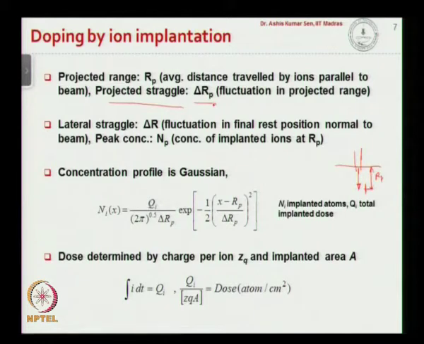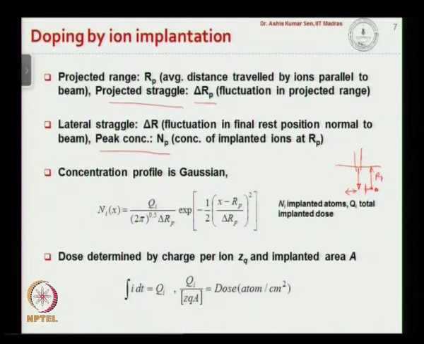The lateral straggle is the fluctuation in the final rest position normal to the beam. So how much variation you would get in a direction normal to the beam direction is known as lateral straggle. And peak concentration Np is the concentration of the implanted ion at the projected range.